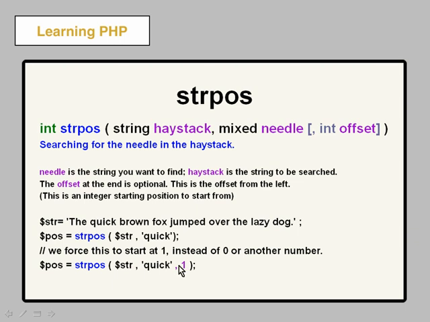In the second example, we put that optional parameter there, and we specify it as 1, and that's going to start at H and go to the right looking for this string here, quick. So 2 different ways of doing it. We'll start at the H or the T, depending on if you put that extra parameter there. And you can put whatever you want here, as you'll see in the example, up to the length of the string, of course. And we'll see what this is going to return as we get more into the example.